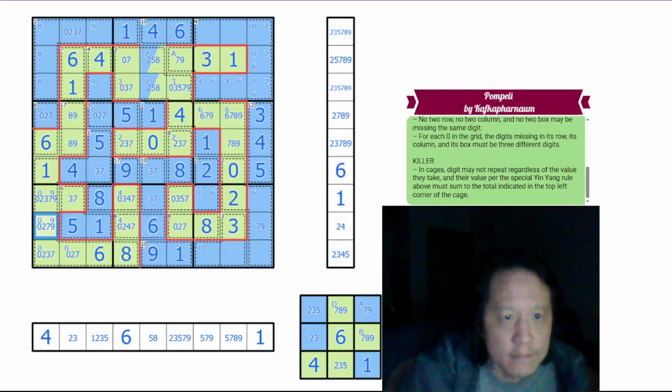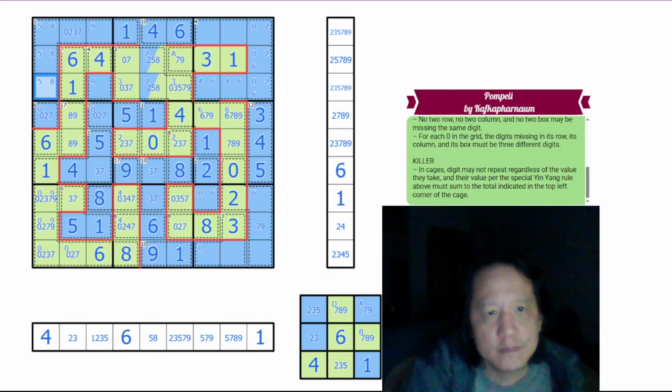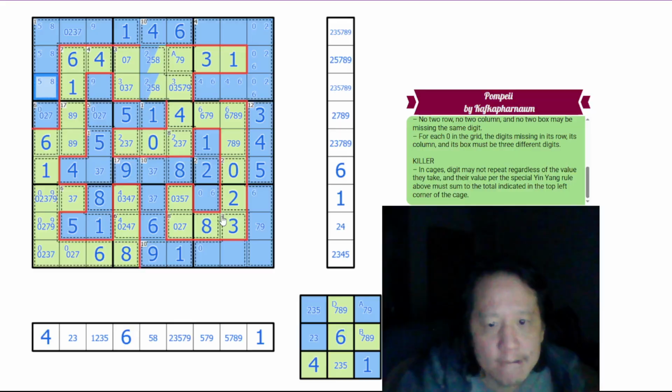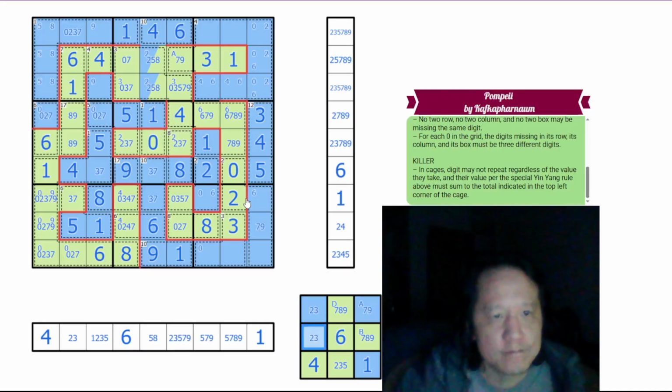Remaining digits. So we have to have a 5 somewhere in column 1. And since we have a 5 in column 1, we cannot be missing a 5 in box 1. So we're missing a 5 in box 8.